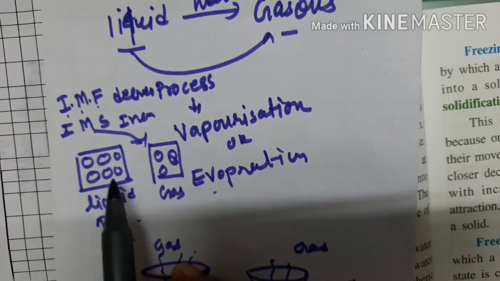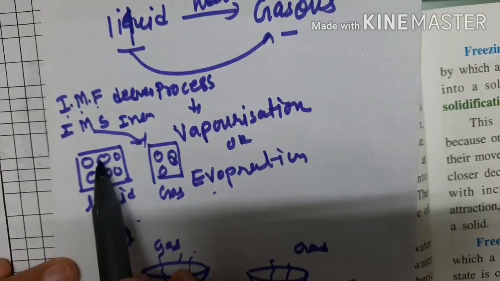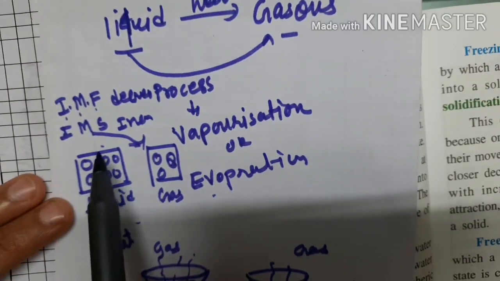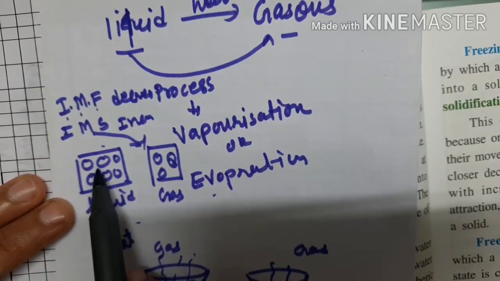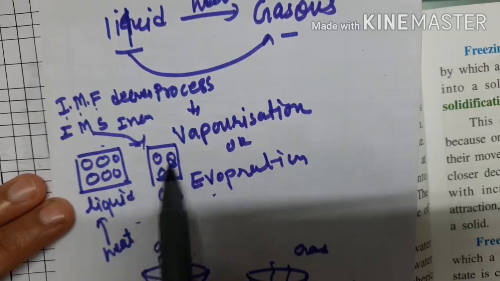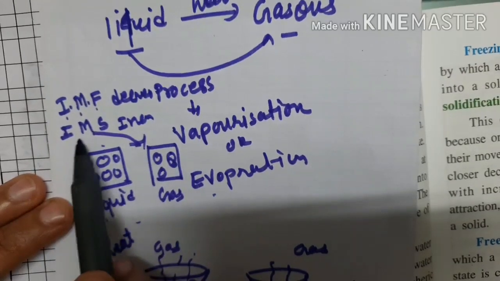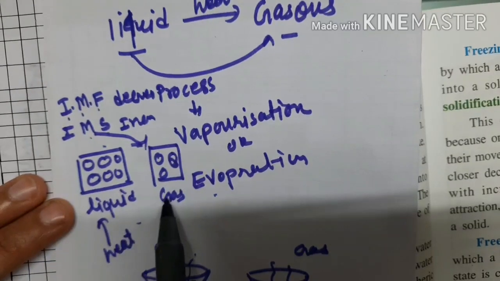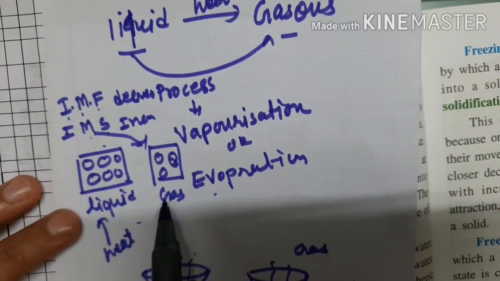Listen to me very carefully. Liquid particles have some amount of intermolecular force of attraction; when we heat it, that force decreases, so they move far away, intermolecular space is generated and they convert into gas.